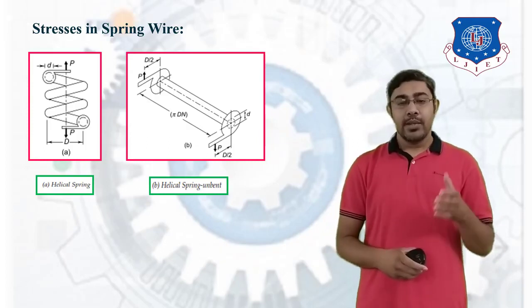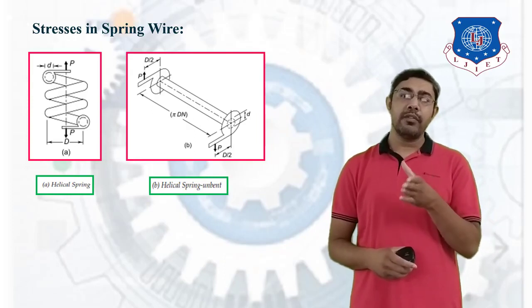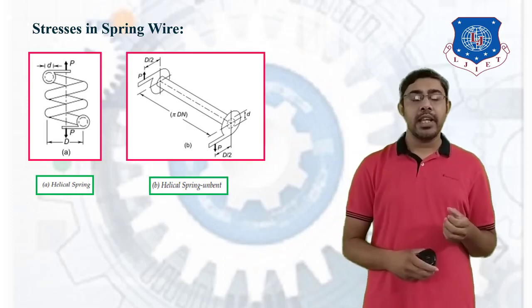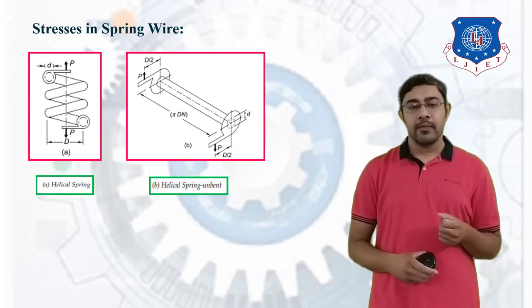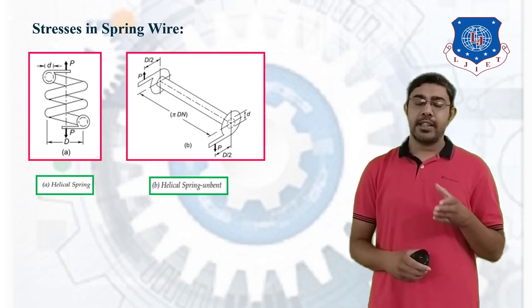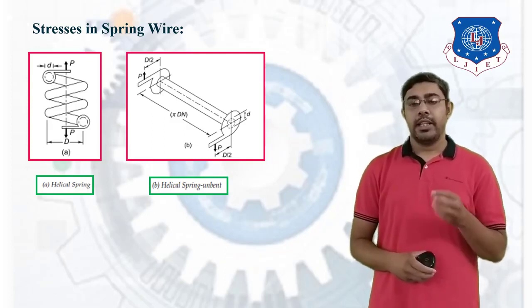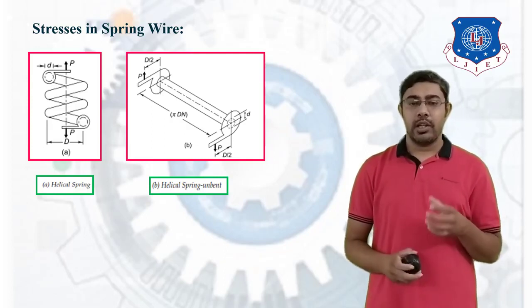in the unbent position. If we unbend this spring, the length of the wire is pi D, as shown in the figure here, and the load is applied at the distance capital D by 2, and the wire diameter is small d.